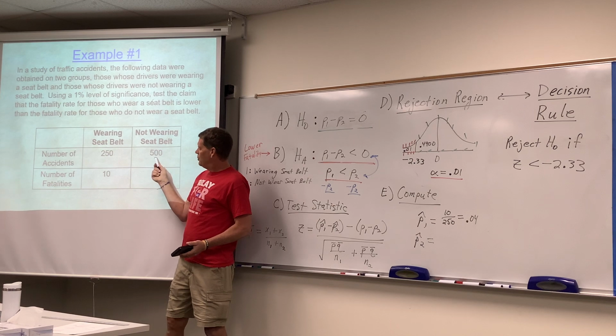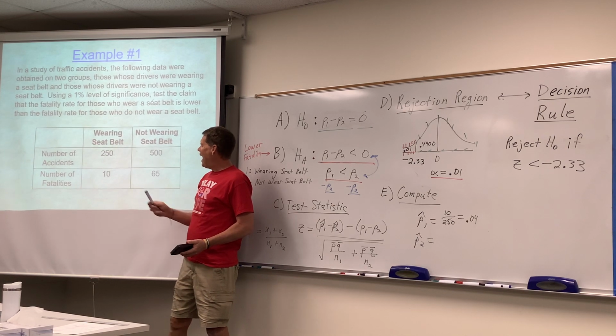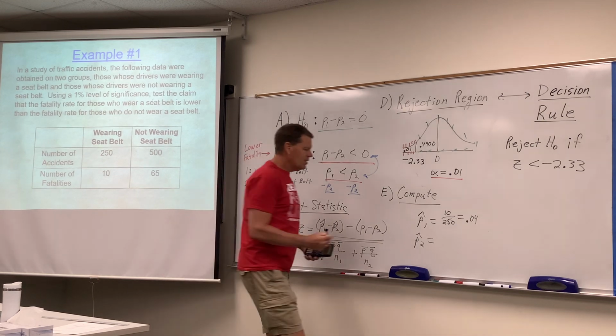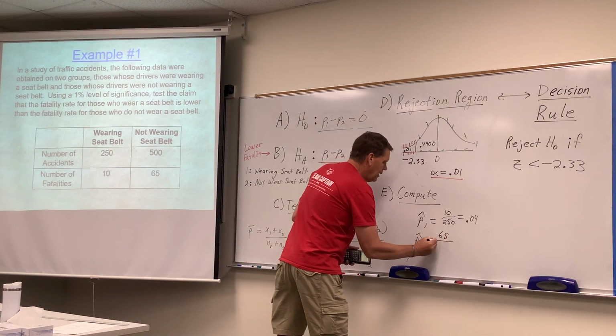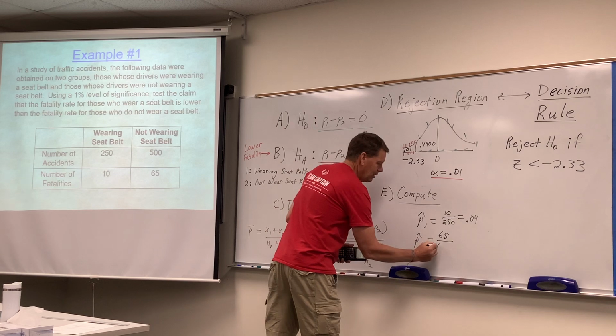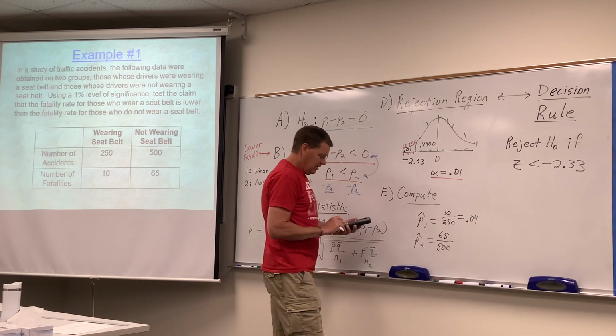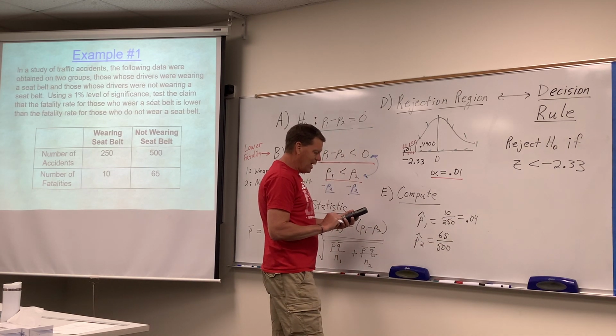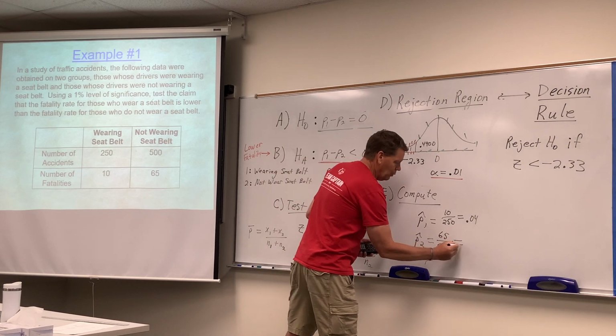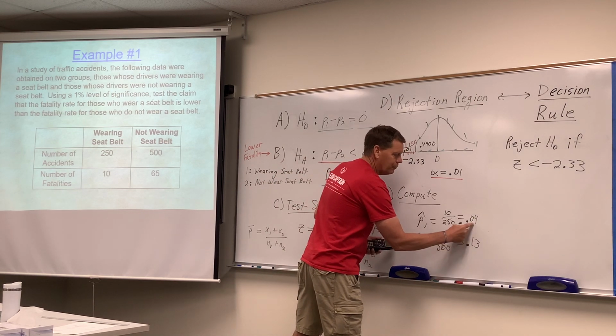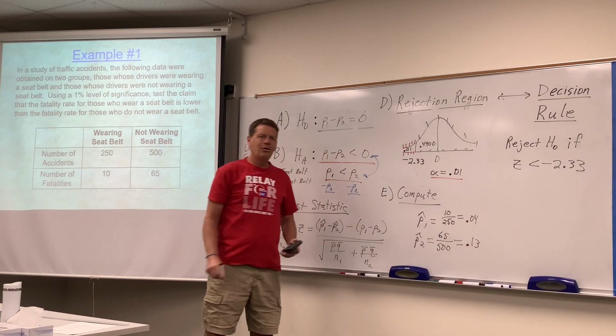In 500 observed accidents where people were not wearing seat belts, 65 fatalities, 65 out of 500. 65 divided by 500. Come on, be a nice decimal. Yes, it's 0.13.